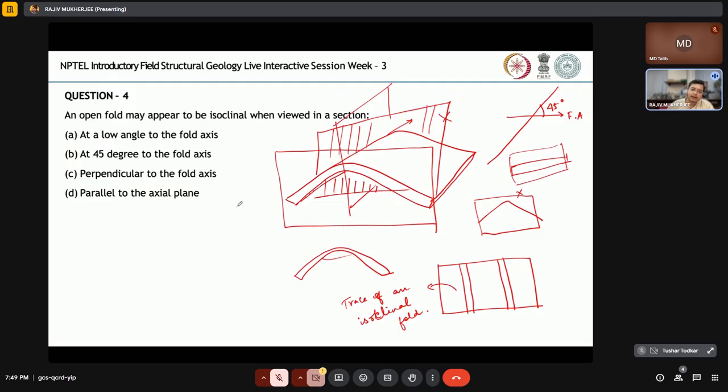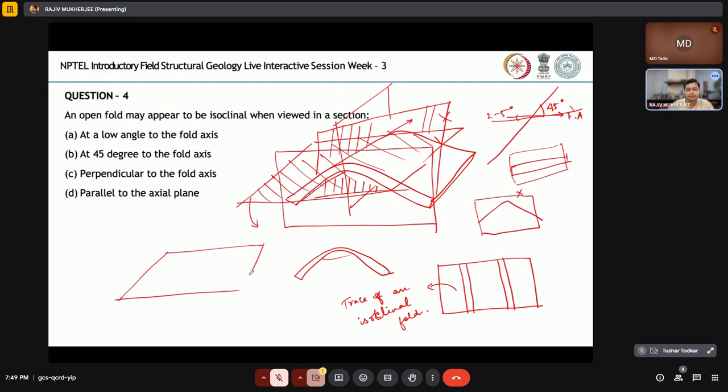Only if we cut almost parallel to the fold axis like this, or at a very low angle to the fold axis like this. So some sections probably around 2 to 5 degrees with respect to the fold axis like this one. Then we can get the traces only from the hinge part.